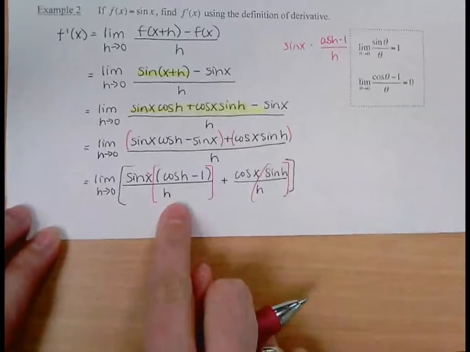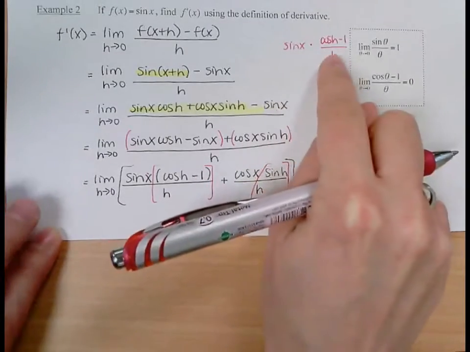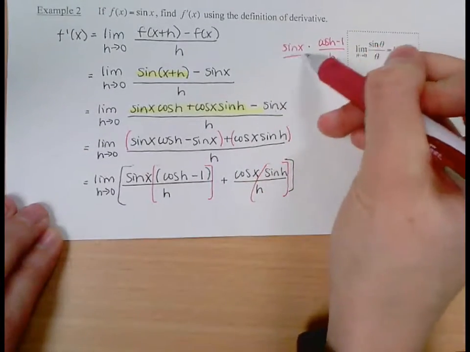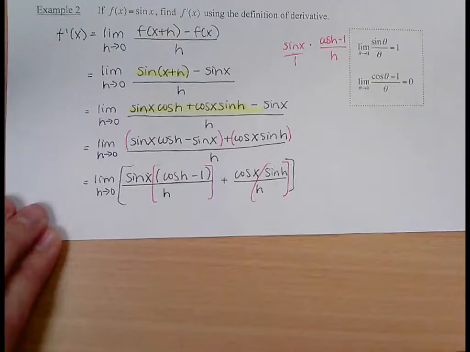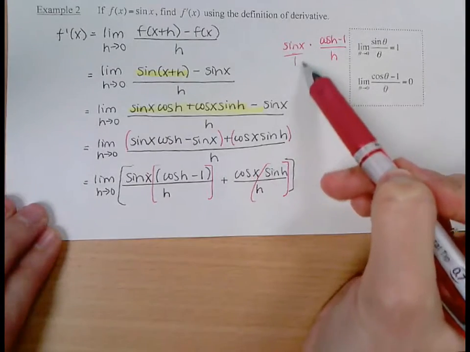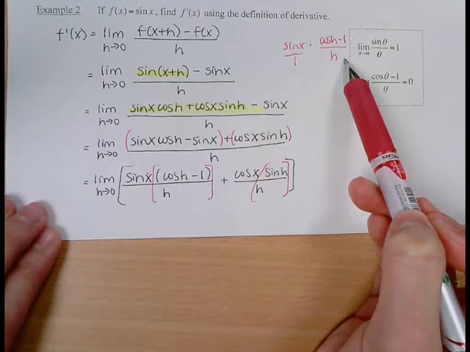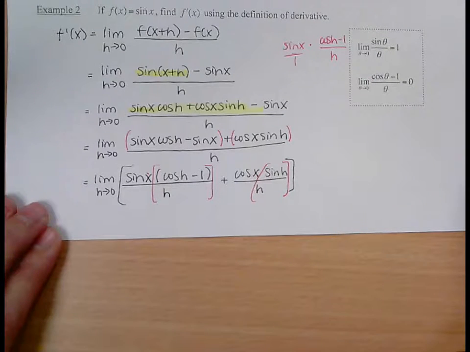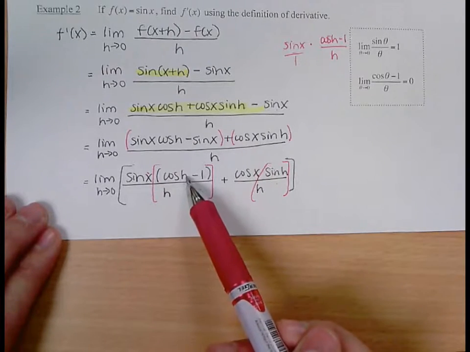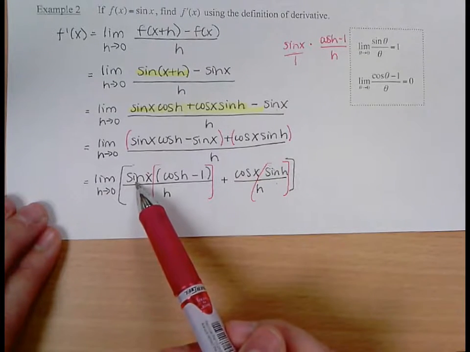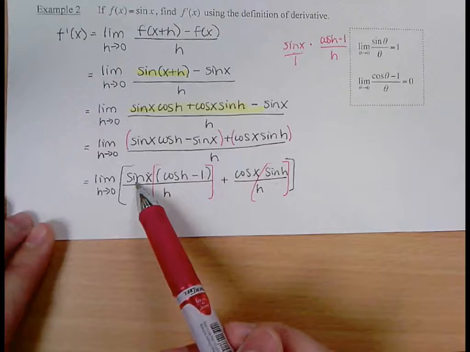So this is equal to this because when you multiply fractions, you multiply the numerators and the denominators. So the sine x doesn't have to be over h because then if I multiplied it, I would have h squared. I'm pairing the h with this one because this is in terms of h, the sine of x is not. So that's why I'm splitting it up.